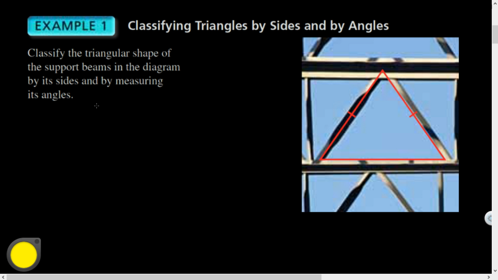Isosceles, someone suggested. Isosceles, right? It's got at least two congruent sides. And measuring the angles, you could throw a protractor on that if we had it.